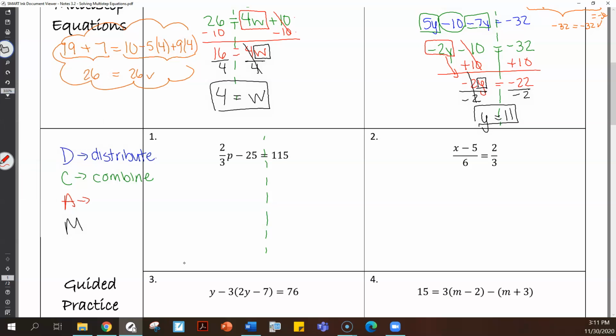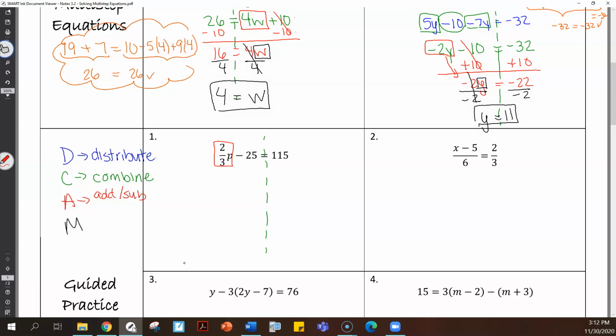A tells me to add or subtract to isolate my variable term. Okay, well, P is my variable, so 2/3 P is my variable term. It's the variable, plus everything connected to it. So 2/3 P is not currently by itself.